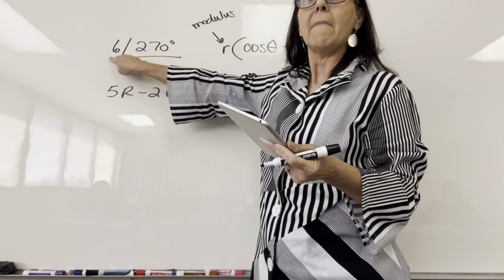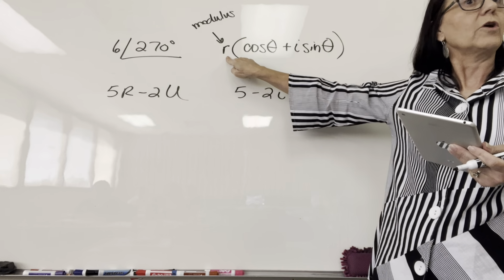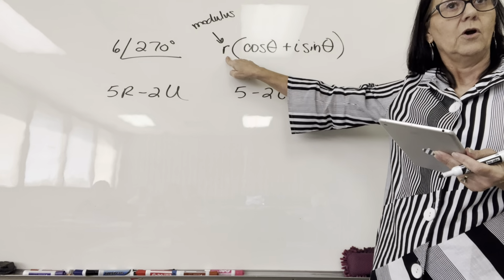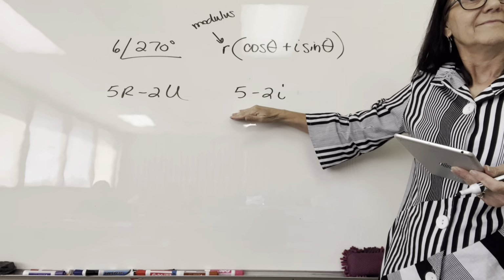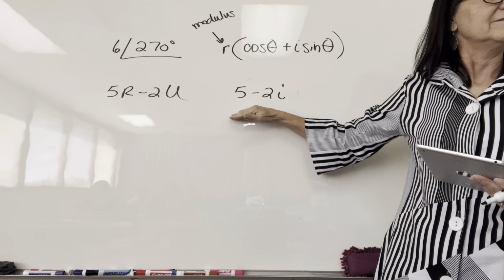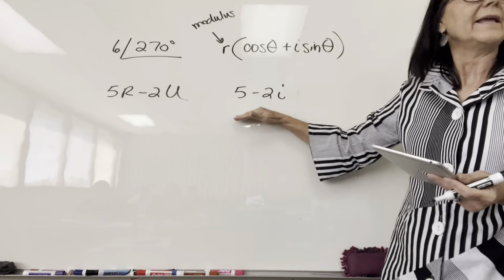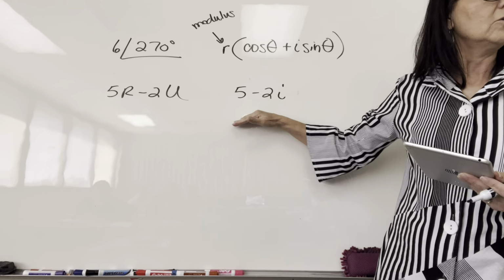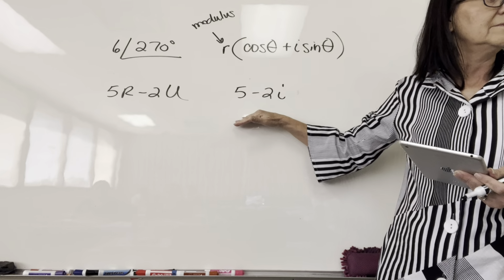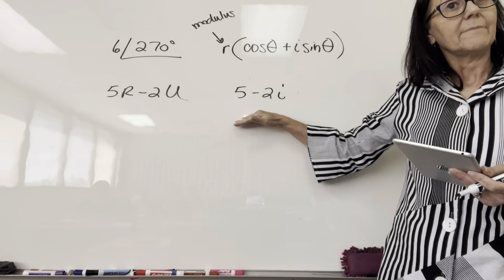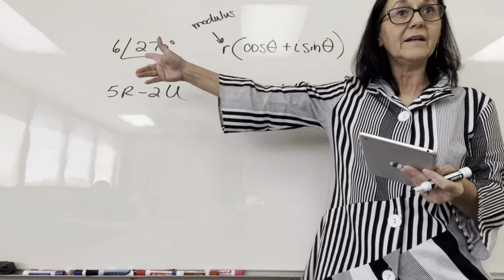Just like we had the magnitude in this form, we now are going to have the magnitude here, and we're going to call it the modulus, which is just the absolute value of your complex number. Right? I can calculate my modulus if I've been given the complex form by using the absolute value, or Pythagorean theorem, right? You see the tie-in from last year.